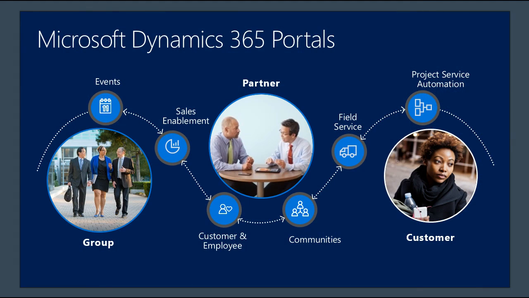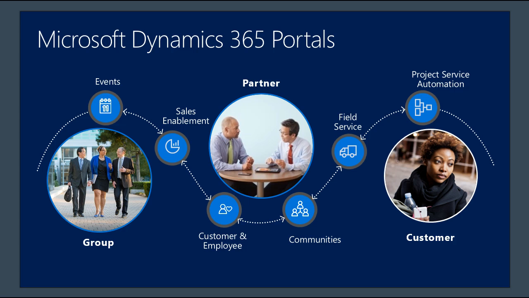This is a nice little chart showing the different portals that we have available from CRM portals. You'll see that events is the first one on the list there. It's come out as a private preview item that has been available to a few customers, and we're working through the preview program to get through to GA.